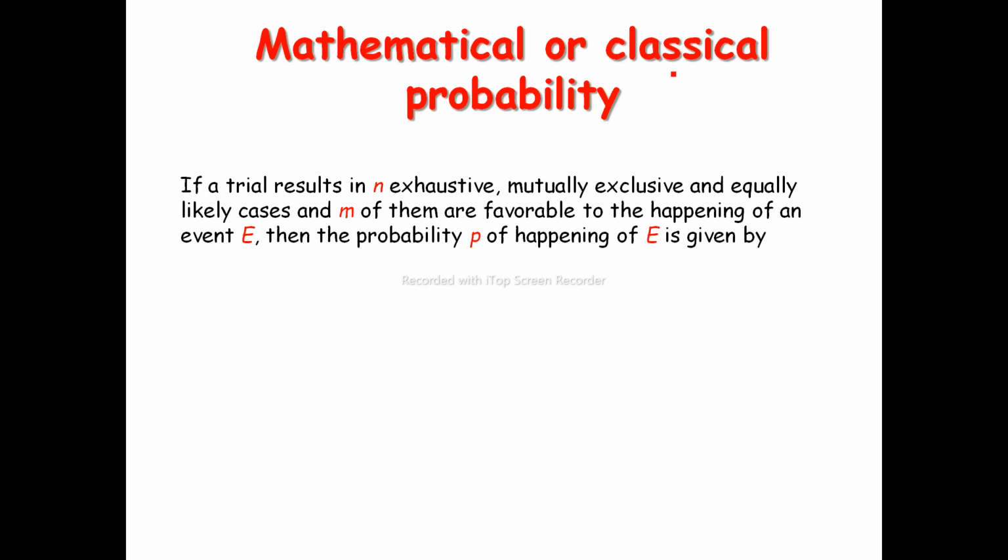Mutually exclusive means either head can come or tail can come. Both together in a single trial cannot come. So exhaustive means we have got either head or tail. Equally likely cases means both head and tail have got equal opportunity to come.